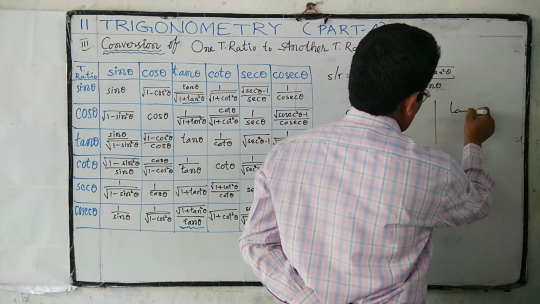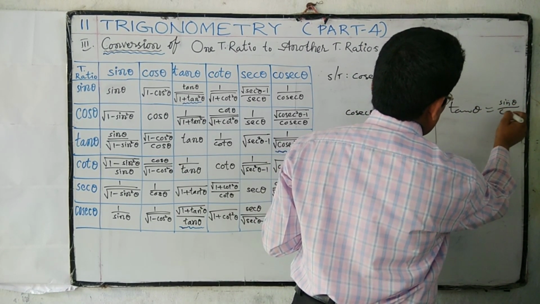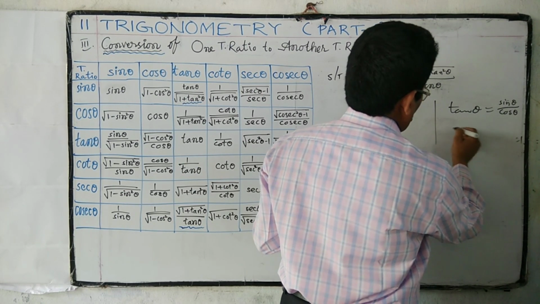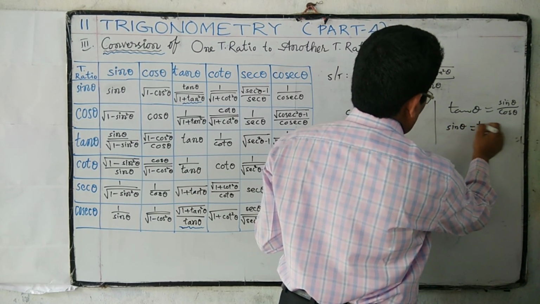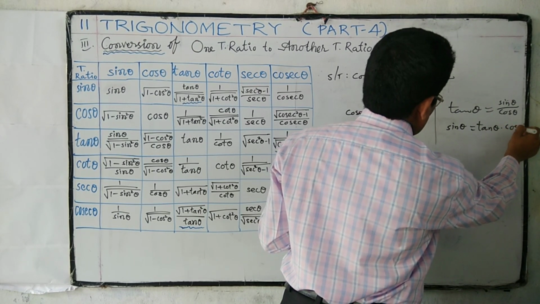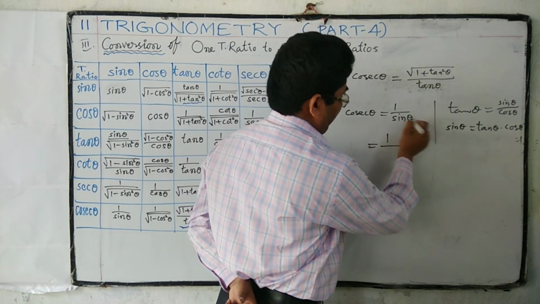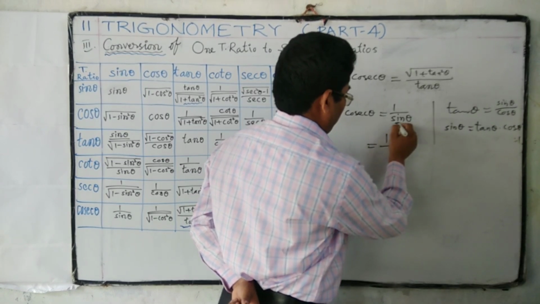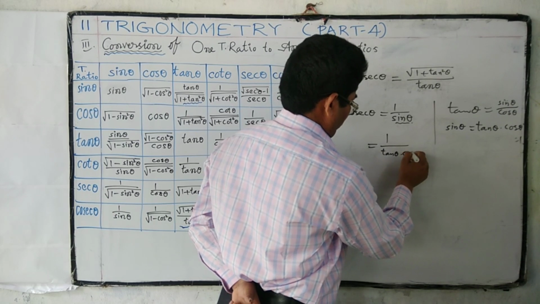We know tan theta is equal to sin theta by cos theta, the quotient relation, so sin theta is equal to tan theta cos theta. So we can write, in place of sin theta, tan theta cos theta.